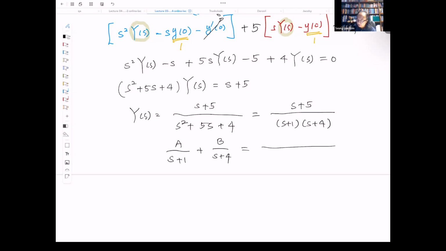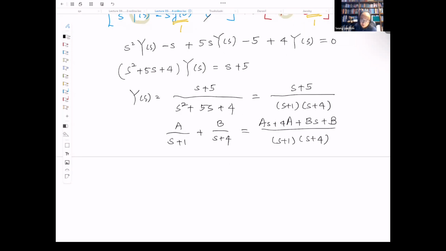Combining these together, the numerator is going to be as plus 4a plus bs plus b, and we compare this numerator with the original. So for the s terms, a plus b has to be 1, and for the constant term, 4a plus b equals 5.